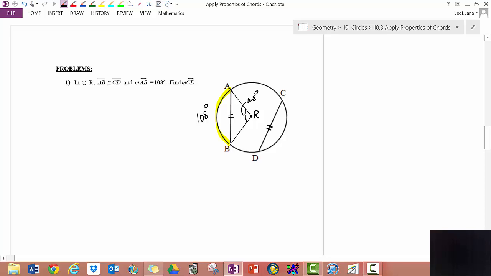I just wanted you to make that connection between the measure of the arc and the central angle. It subtends. Subtends is a new word for you. Subtends means that if you take the endpoints of that arc, and here is A and B, and you join those points to the center, then the central angle formed thus is called the central angle.